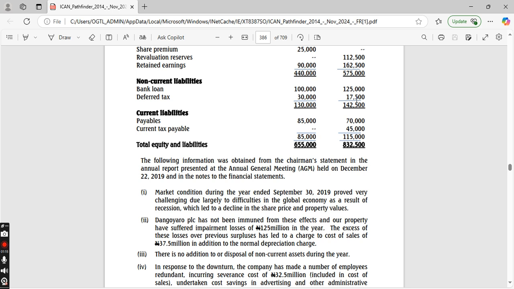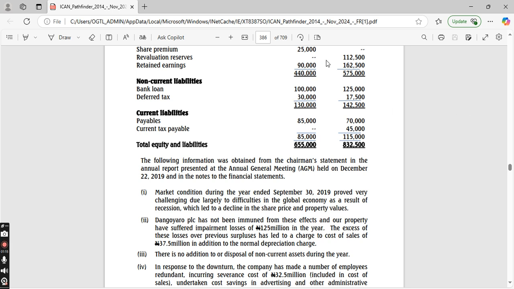What am I saying? Fifty-two thousand five hundred. The loss for the year is 52,500. You are not hearing us. You are saying something different from our own.